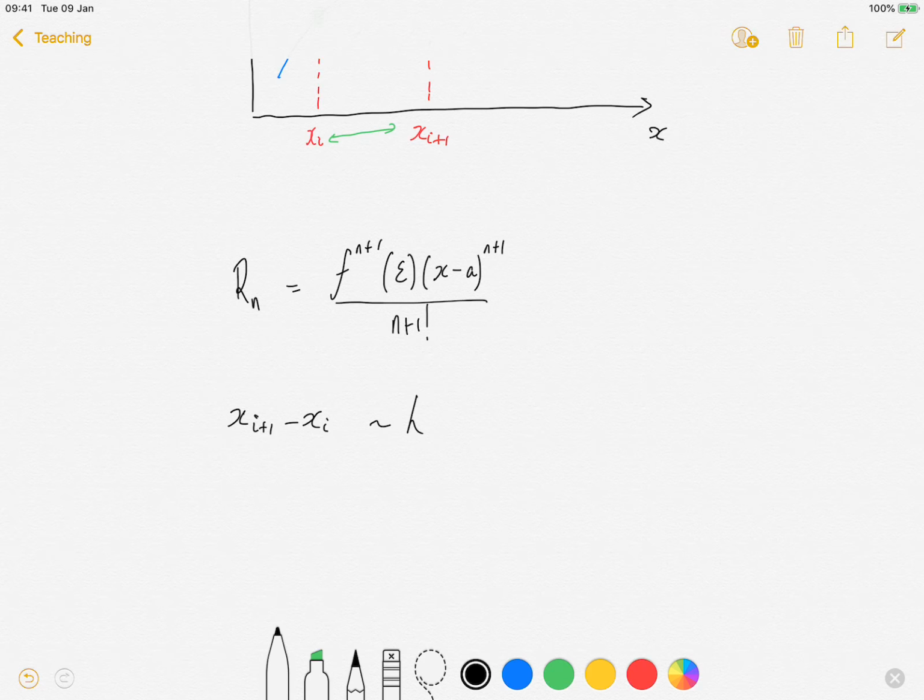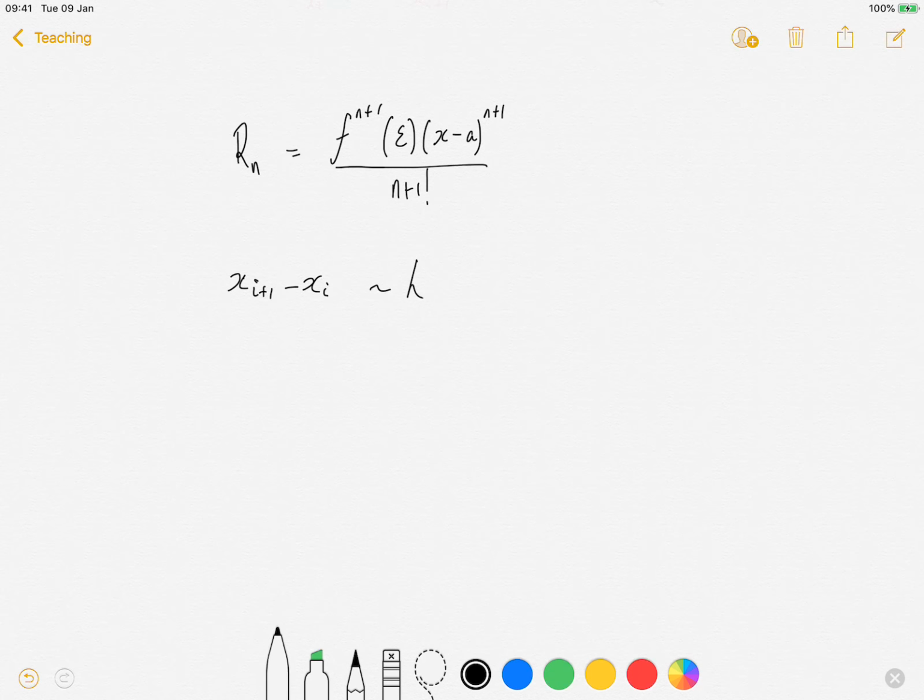So if we have a zero-order Taylor series approximation and we halve our step size, we know that the error term is going to scale linearly with our step size. So in effect, we've reduced our error by half. So we can write this as R for a zero-order approximation is proportional to the step size.